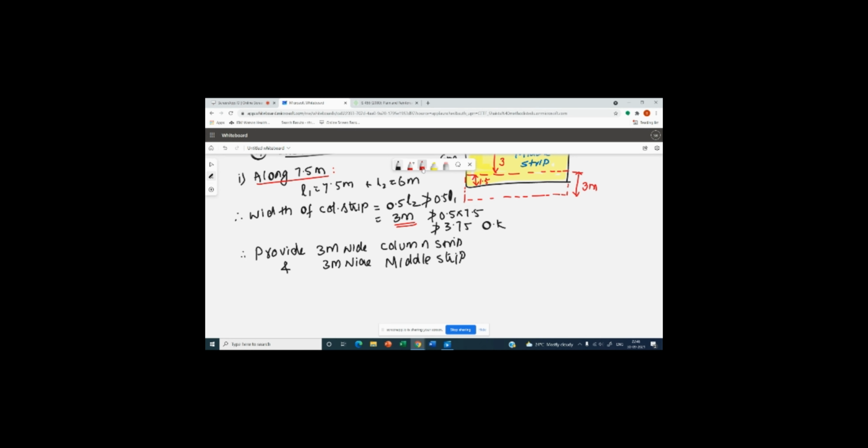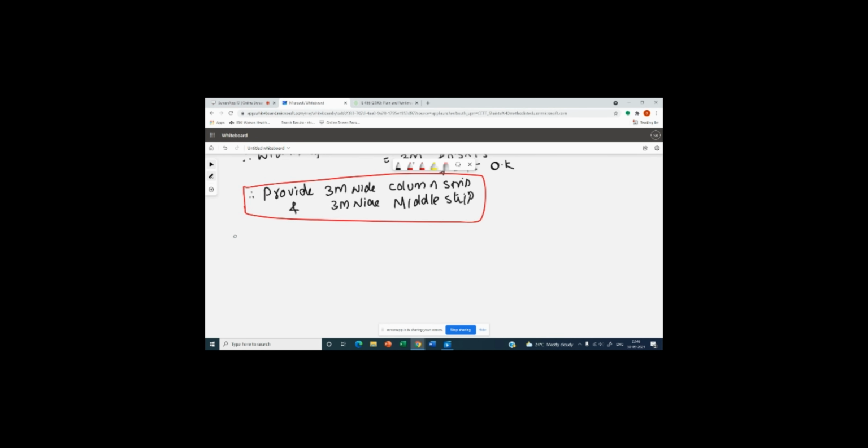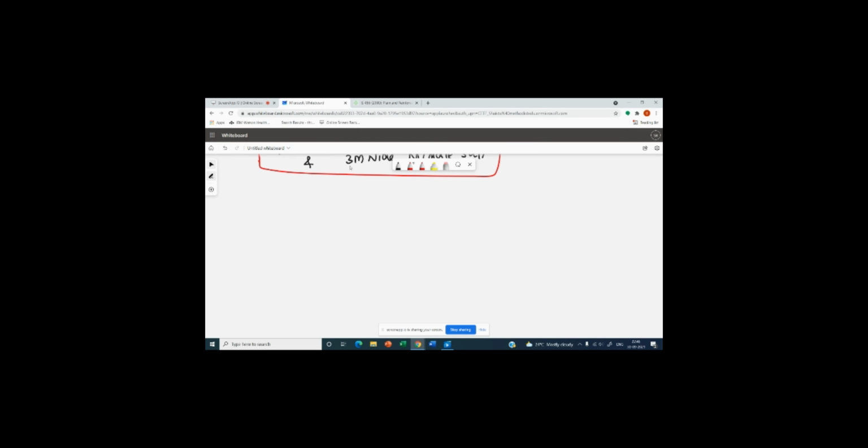So this is how we have fixed up the width of column strip and the middle strip, only that is in case of 7.5 meters span. Okay, so similarly we will do it for 6 meters span.